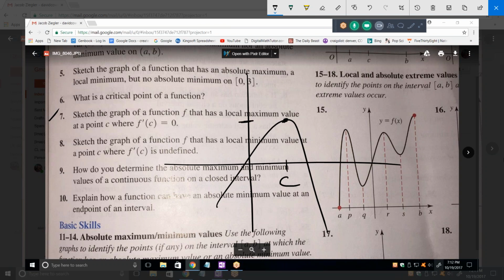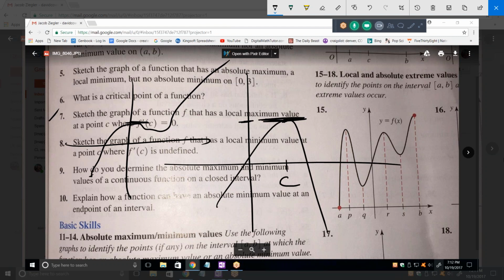It's pretty easy, because no matter what, it's going to equal 0. Well, it's not necessarily a maximum. In other words, that's an absolute maximum, but I could have just as easily drawn this function, and there's a local maximum, but it's where the slope of the tangent line is 0.